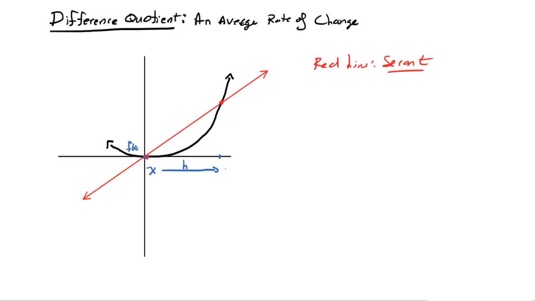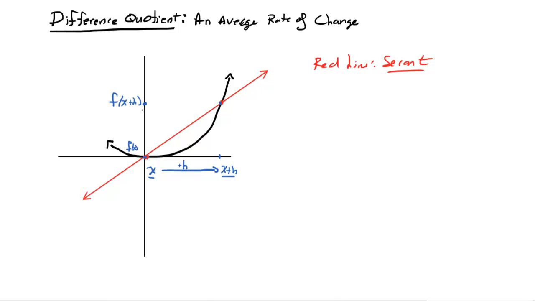In terms of x, this next point will be x plus h, because I had my value of x, I added h. And that means that this value will be f of my new x value, which is f of x plus h. So again, this is just a formal way of writing these points.